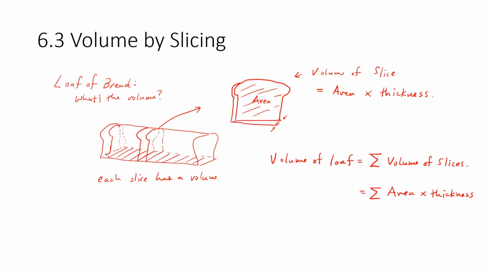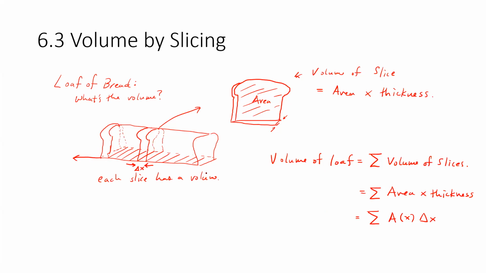And in this case, if we're going to slice it into n slices of equal thickness, then we can use delta x as our thickness here. And the area here depends on its location somewhere along the x-axis.